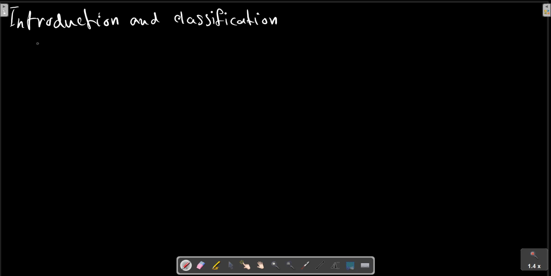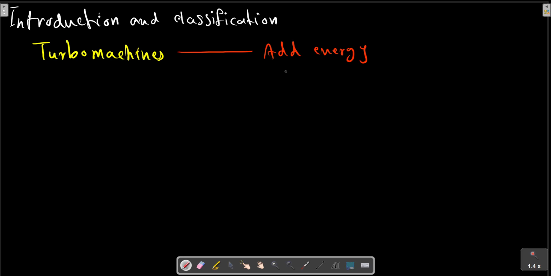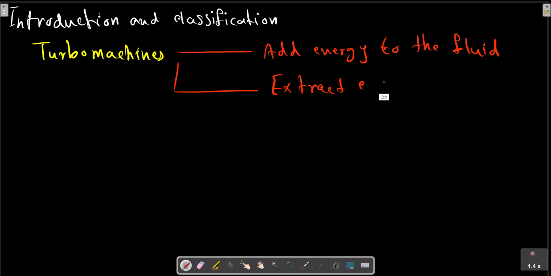Turbo machines are divided to those that add energy to the fluid or extract energy from the fluid.